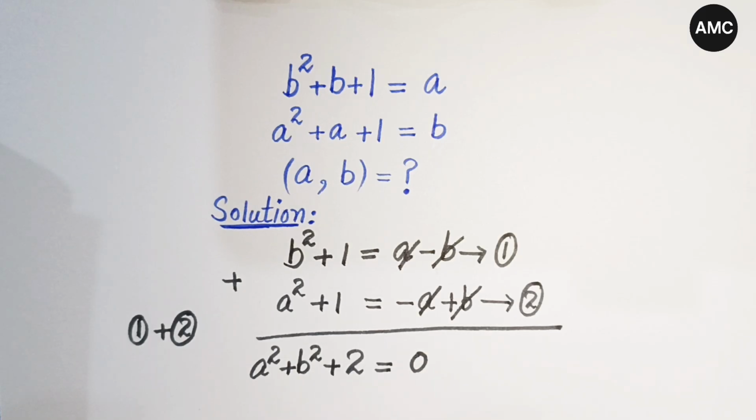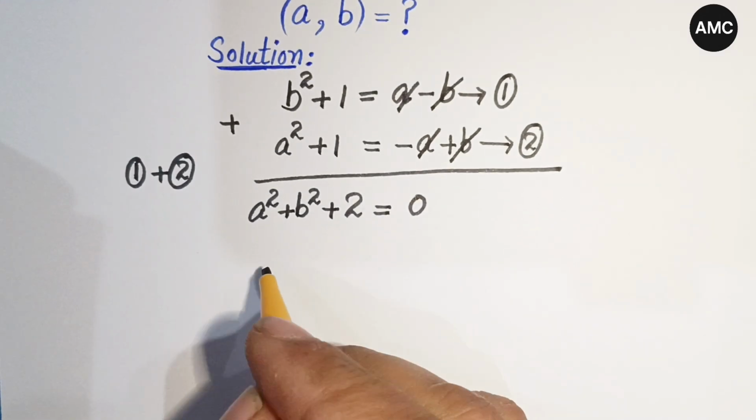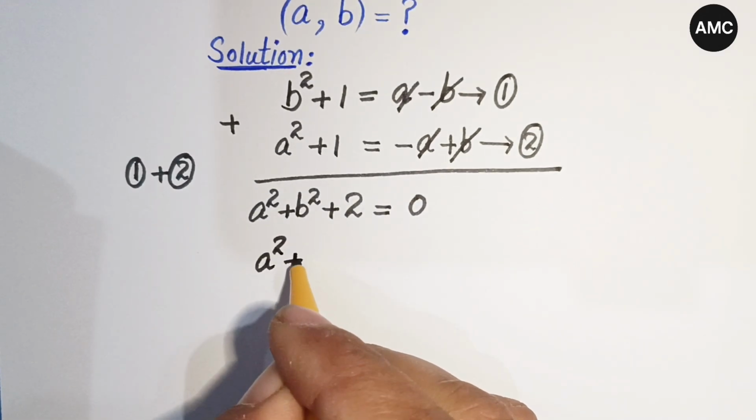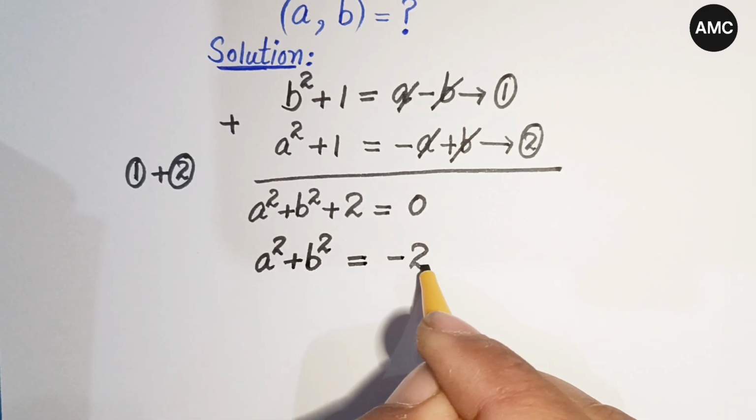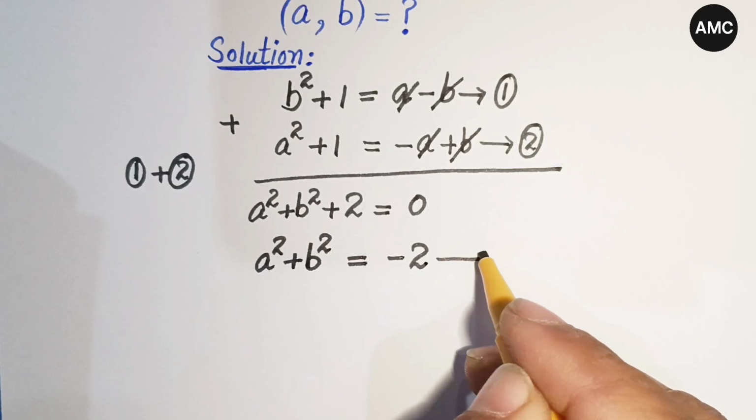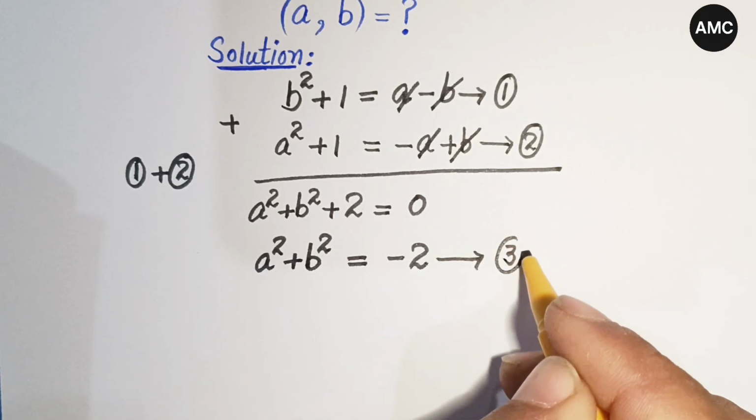Now a squared plus b squared is equal to, shifting this plus 2 to our right hand side, minus 2. Let's say it is our equation 3.